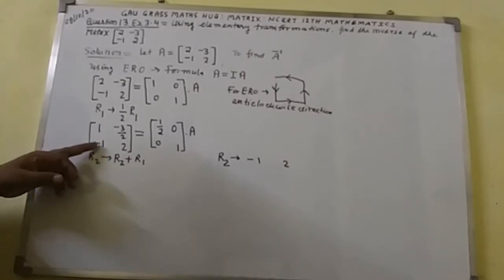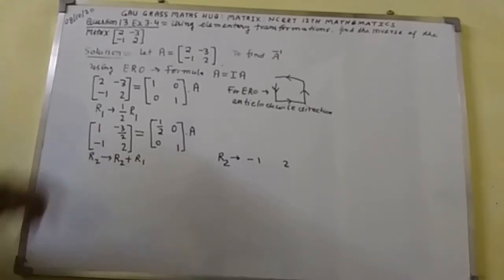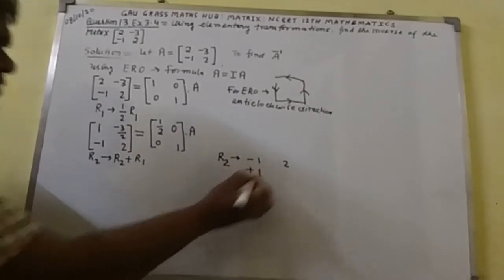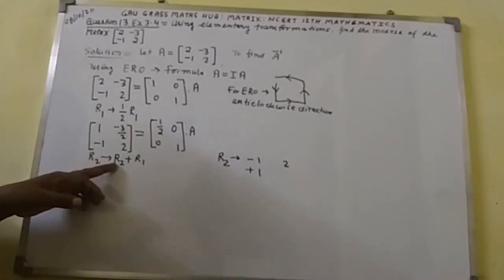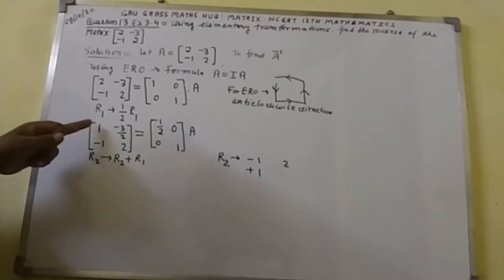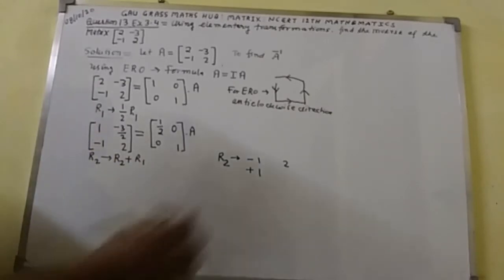The respective element of R1 for the -1 is 1 here. So write plus 1, because here R2 equals -1 and R1 equals 1. So this will be added, you will get 0 easily.